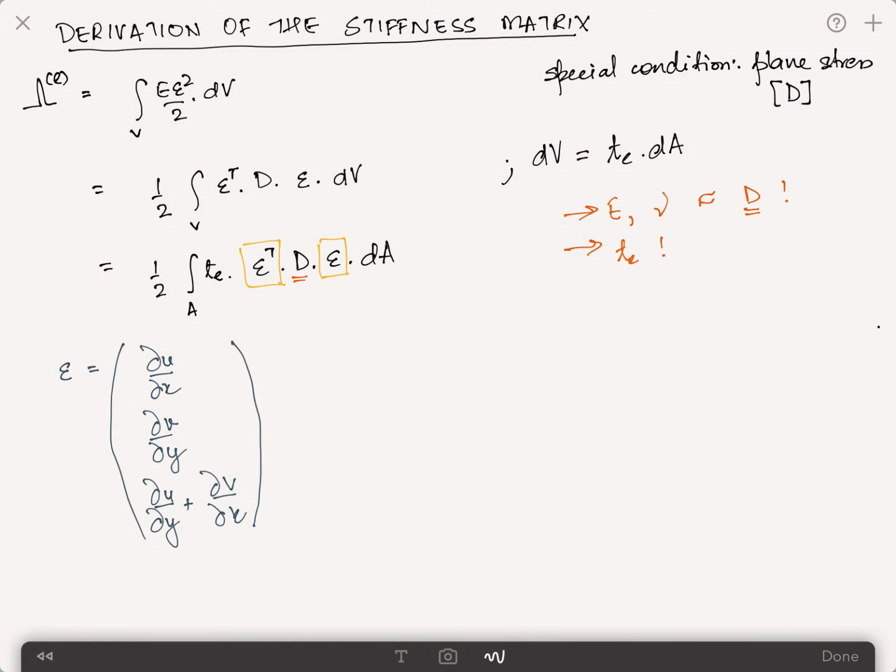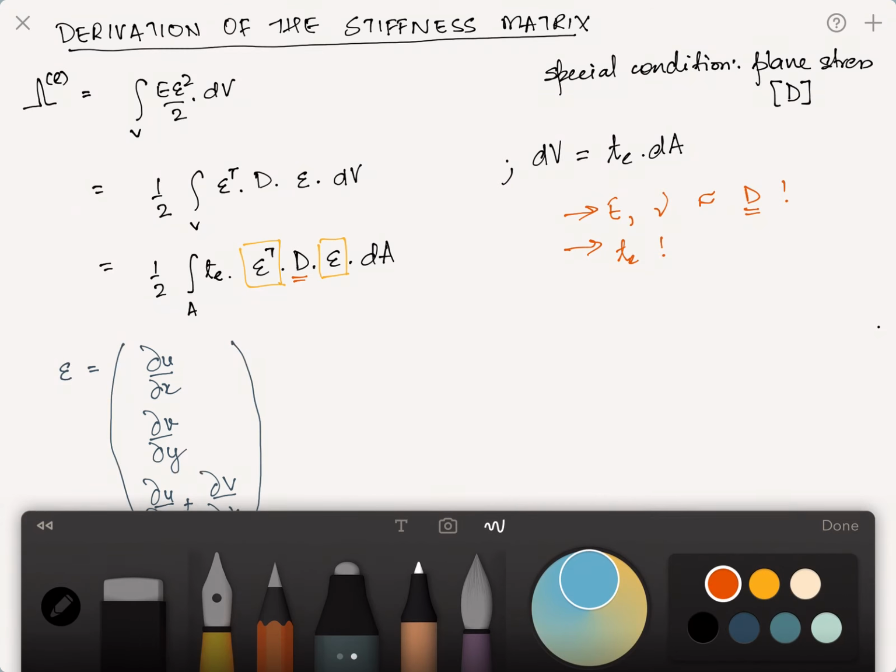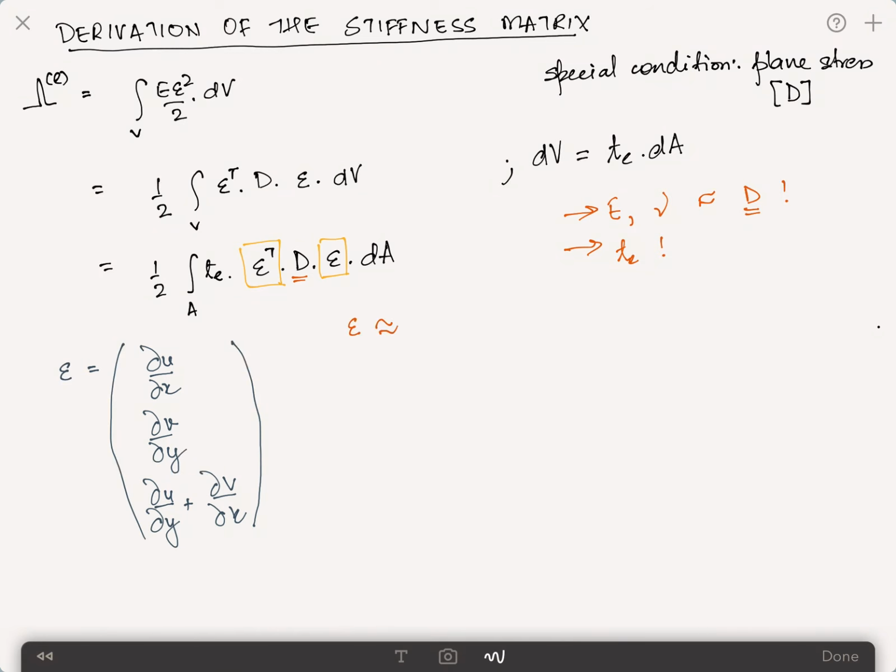Now, we know that the strain in this two-dimensional system has these three components: the normal strains and the shear strain. And we also know that this strain is therefore a derivative of the displacement. The displacements are in general composed of the nodal displacements in combination with the shape functions, and the shape functions have already been described in the natural coordinates. So if I have to break it down for you, the strain depends on the displacements u and v.